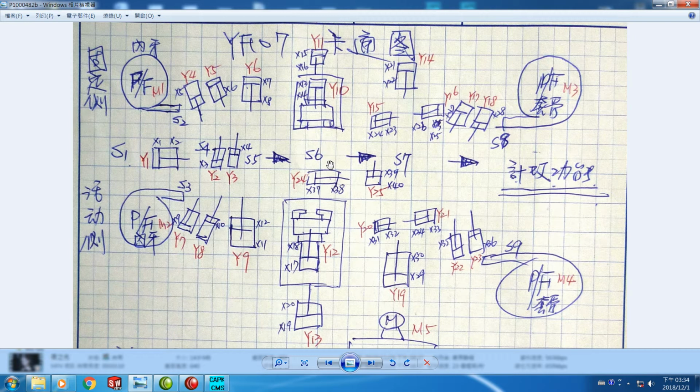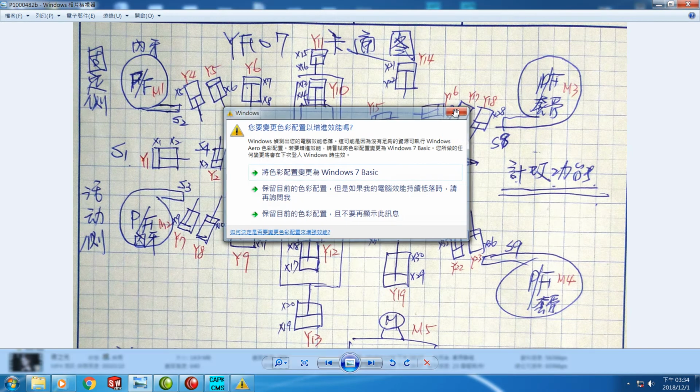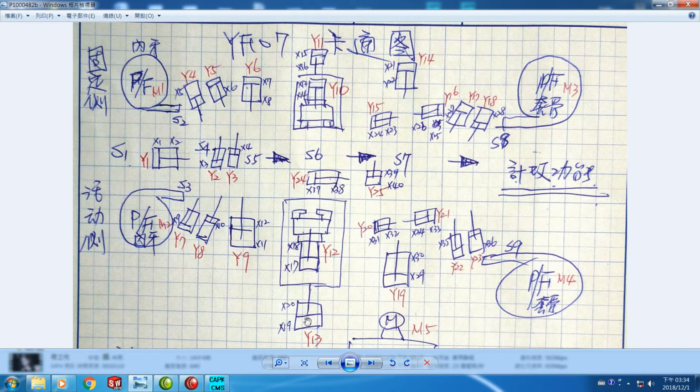As S6 senses there are materials in position, Y11 and Y13 will be actuated by the script and push the whole mechanism up.